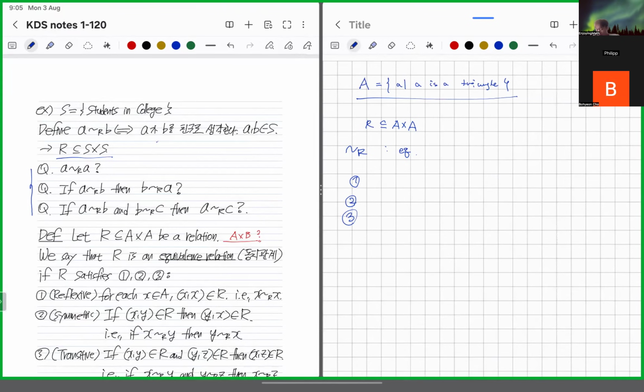If a triangle is equal to another triangle, then the other triangle is equal to the first triangle, which also makes sense. And in the third case, if triangle A is equivalent to triangle B, and triangle B is equivalent to triangle C, then triangle A is also equivalent to triangle C, sort of the way you would speak it.